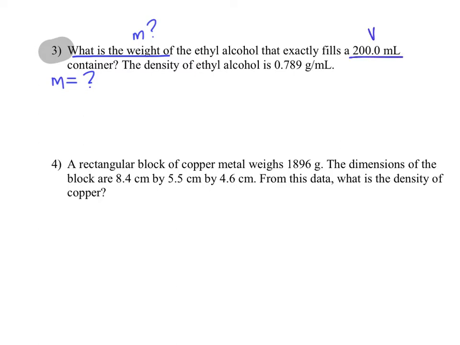So it's telling you that this is the volume of that ethyl alcohol. And then it gives you the density of the alcohol is 0.789 grams per milliliter. So let me write my volume, which we said was 200 milliliters. And the density was 0.789 grams per milliliter.